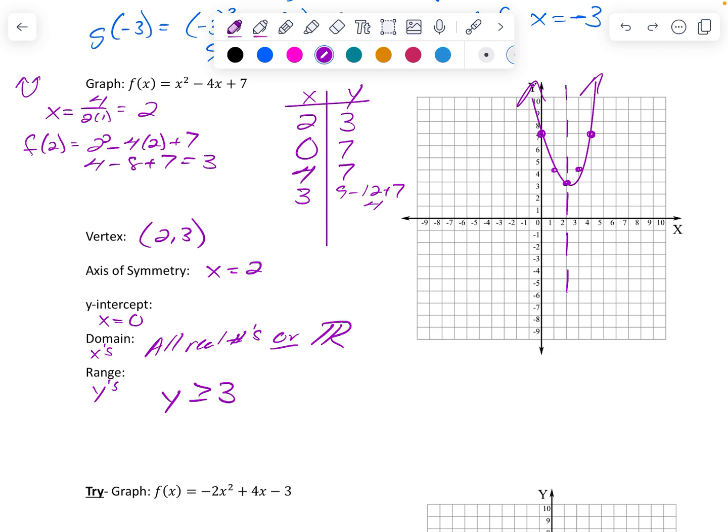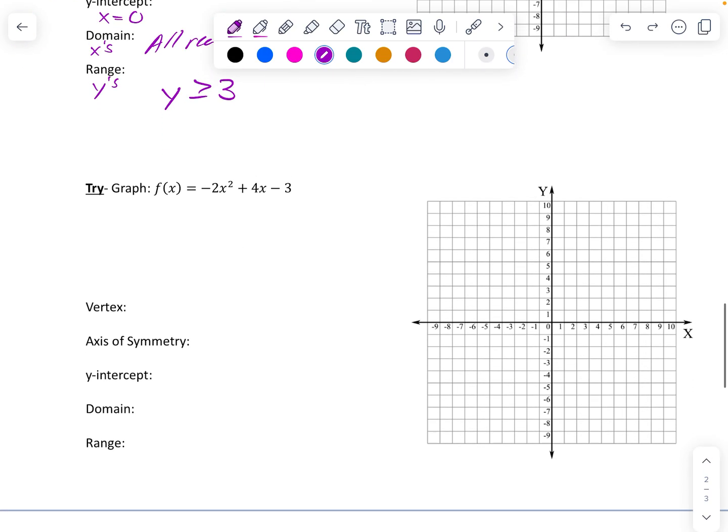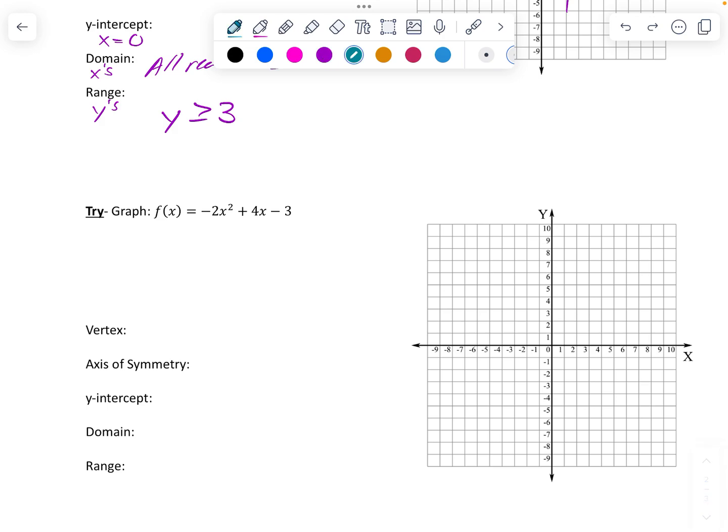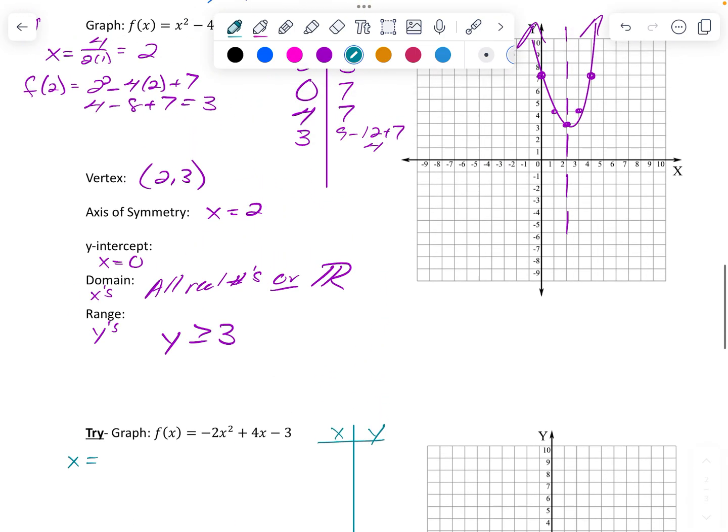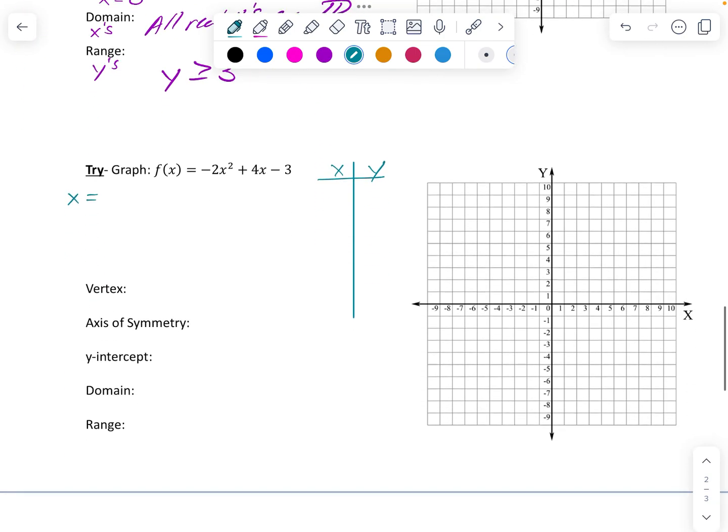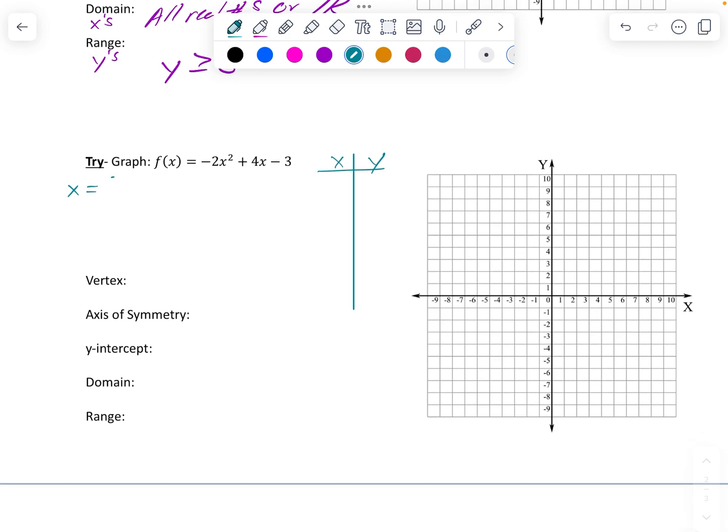Okay, last one. For our graph, let's start with our vertex. And I'm going to make my little chart over here. So opposite of, just make sure it's not the same equation. It looked familiar. Okay, opposite of b, oh no, this is different. Over 2a is going to give me -4 over -4, which is 1.